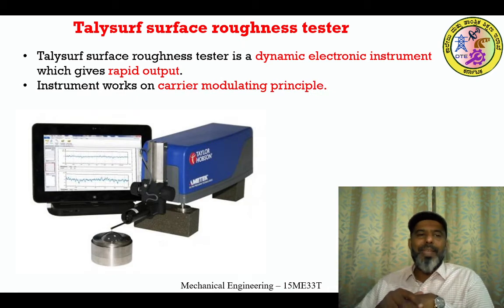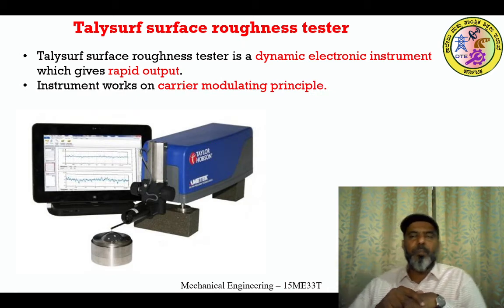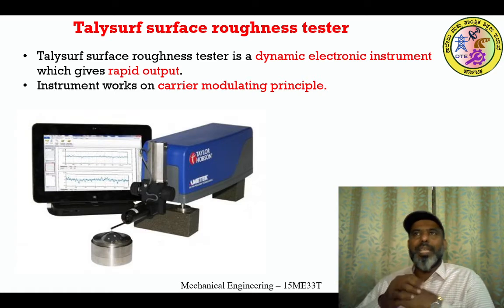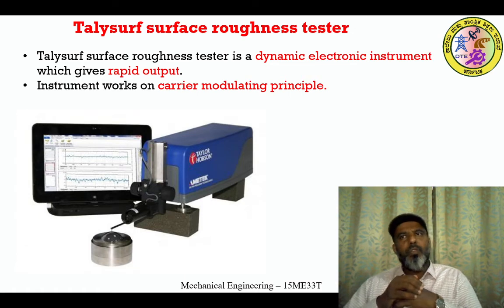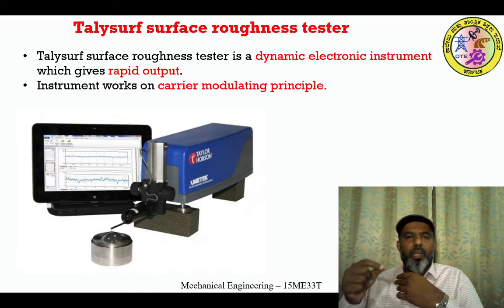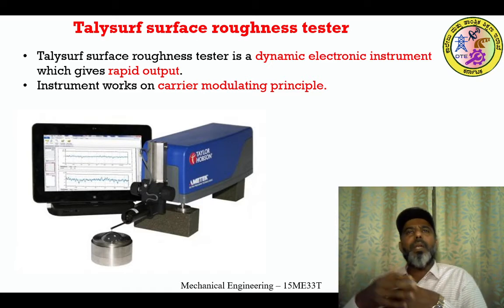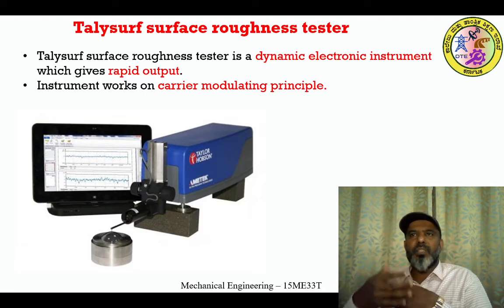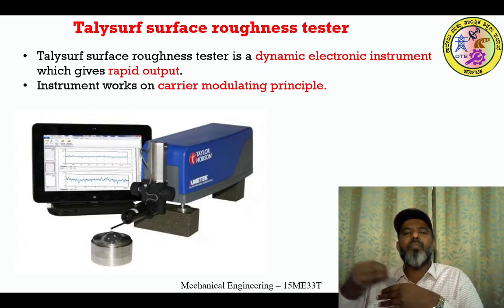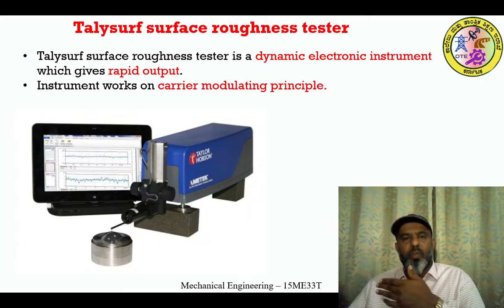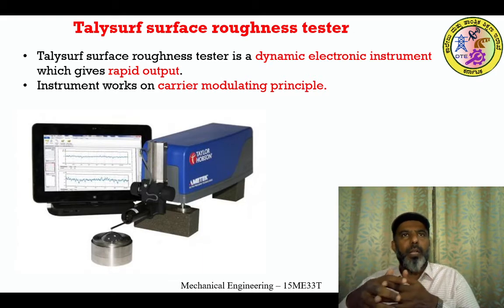And the main thing of this Talysurf surface roughness tester is that it works on the carrier modulating principle. Now we should know what this carrier modulating principle is. As the name indicates, the instrument generates certain signals. These signals are further processed to have a finer form. The signals generated by the instrument are further processed to form a finer waveform, which is called the carrier modulating principle.